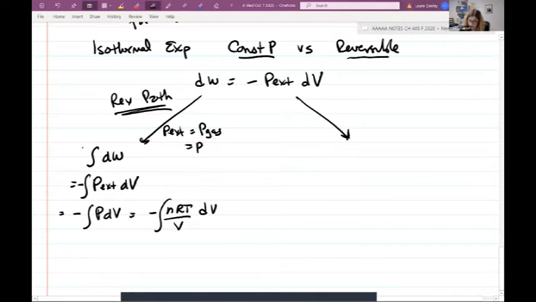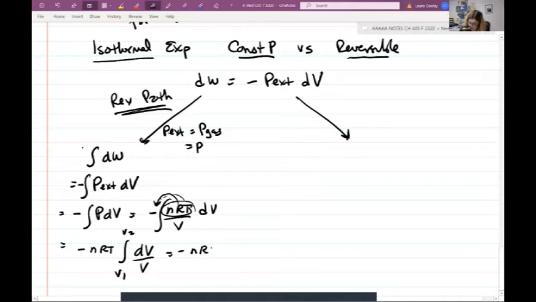And if it's isothermal, we get to take the T out, and all these other things are constants as well. This is minus nRT dV over V from V1 to V2. So this is minus nRT log V2 over V1. That's for the reversible path.